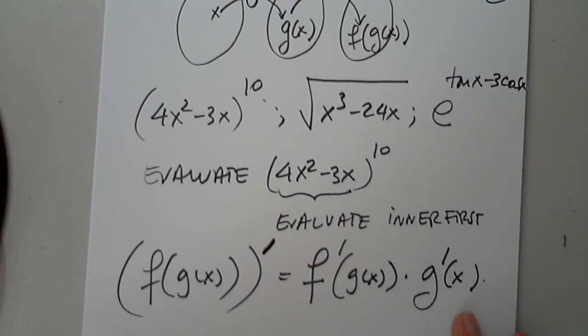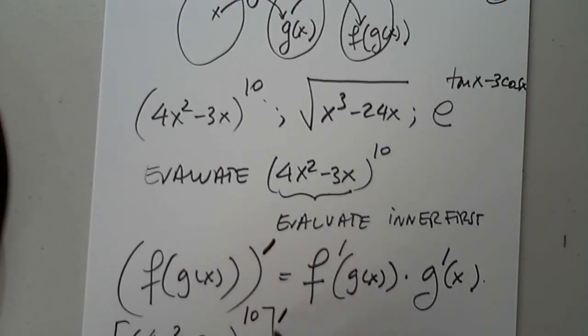Exactly what you see here. So if I have 4x squared minus 3x to the 10th power prime, I have to differentiate the outer first. I bring down 10. I subtract 1 from the power. And then I differentiate this function prime.